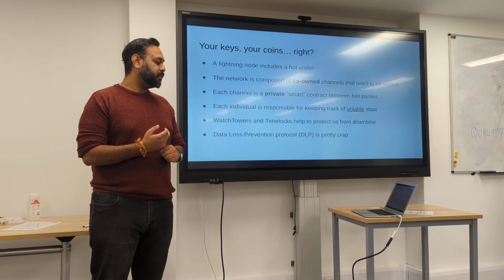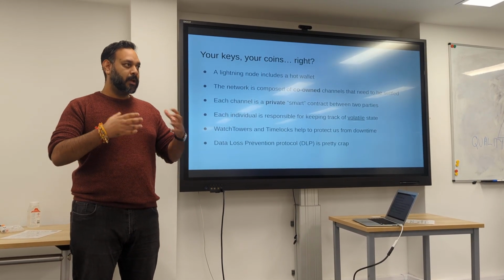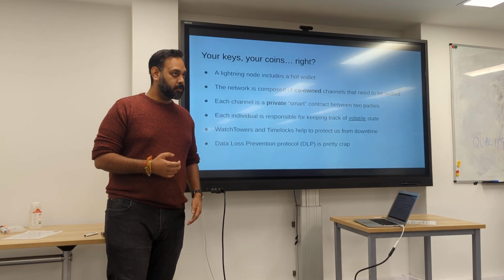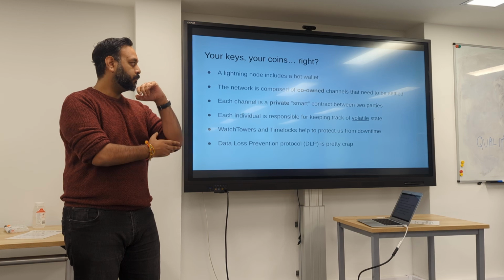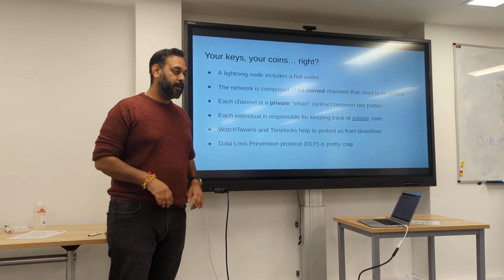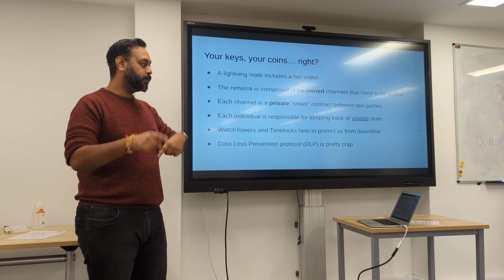These are effectively like a smart contract between myself and another Lightning node operator, another person running maybe a little computer like this, or maybe even a server somewhere. And there are thousands of us out there, just connecting to each other.